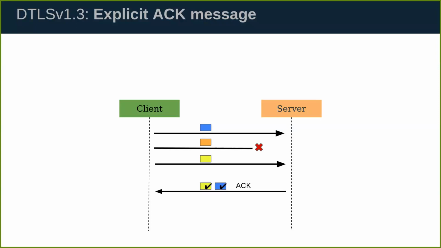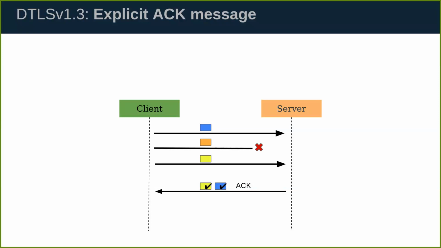So the server detects an out of order packet. The third packet is sent before we receive the second one, and we know the order of the packets is well defined, so we know whether or not we're missing a packet. And instead of waiting for the client to time out and retransmit its entire previous flight, wasting time and valuable bandwidth, the server sends an ACK for the messages that it did receive.